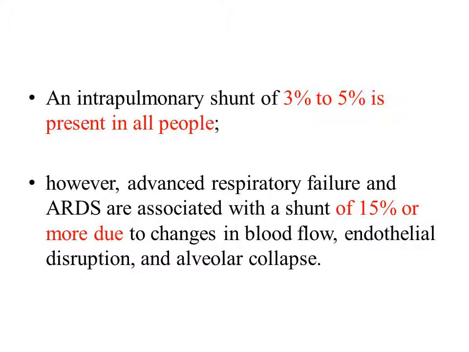Intrapulmonary shunt of 3 to 5% is present in all people, which is normal: a small amount of blood returns to the left side without being adequately oxygenated. However, advanced respiratory failure and ARDS are associated with a shunt of 15% or more due to changes in blood flow, endothelial disruption, or alveolar collapse.